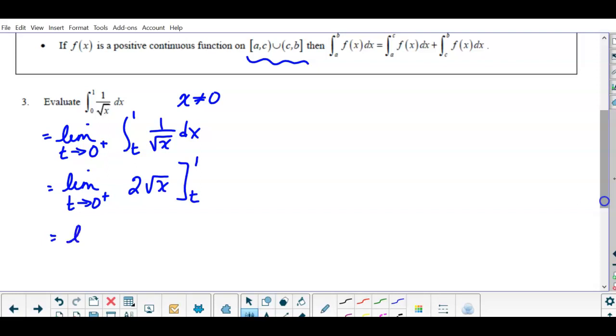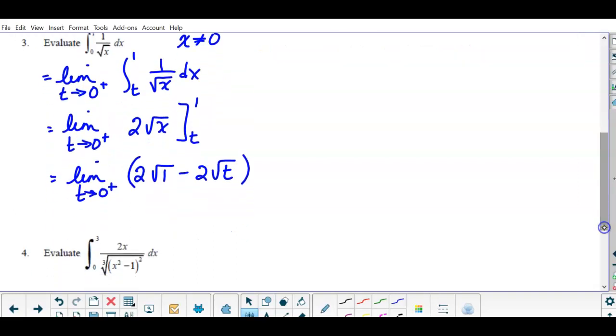And then that's going to be the limit as t approaches 0 from the right of 2 root 1 minus 2 root t. And so now we can take that limit. As t approaches 0 from the right, that's going to be 2 root 0, which is 0. And this is 2 times 1, which is 2.